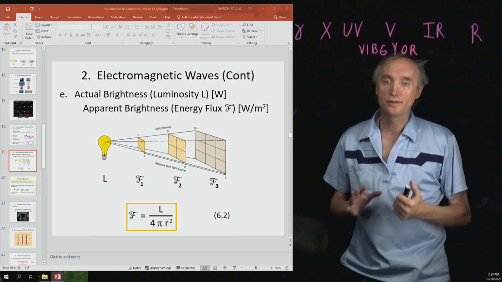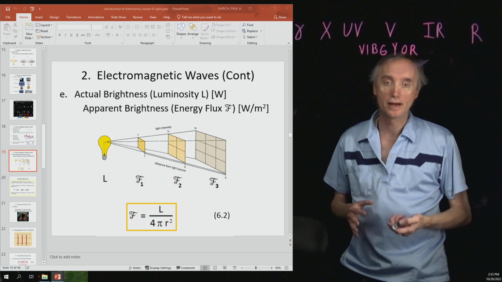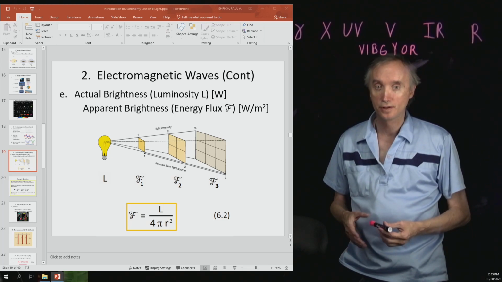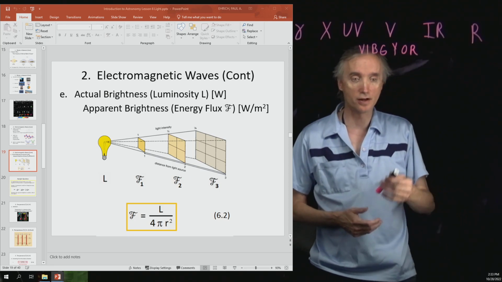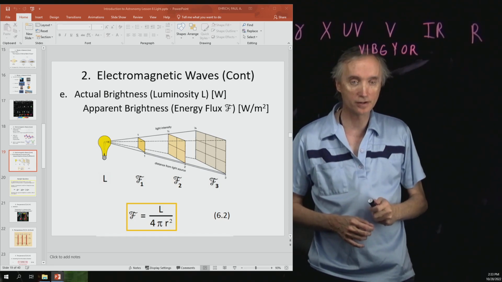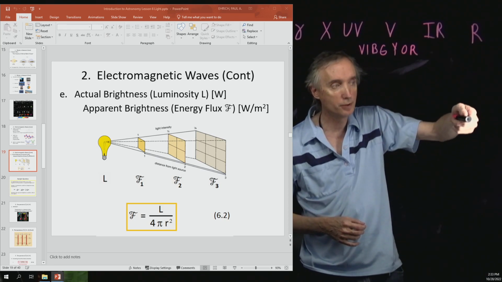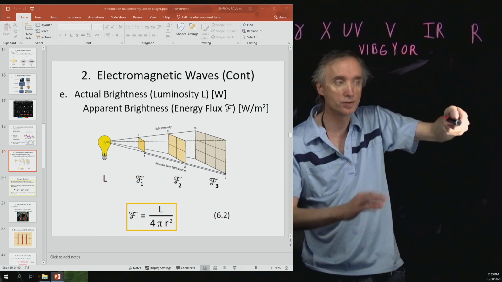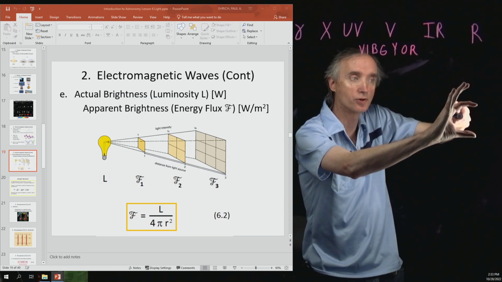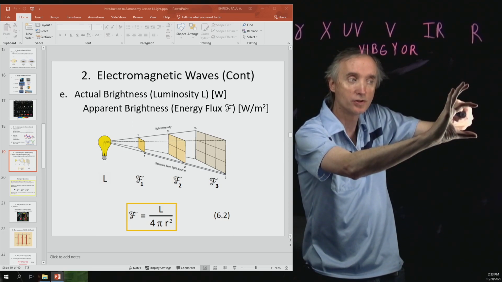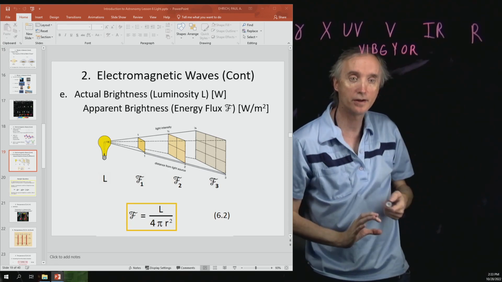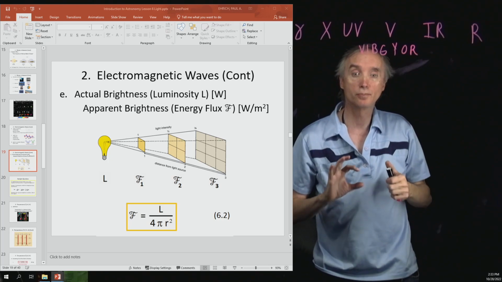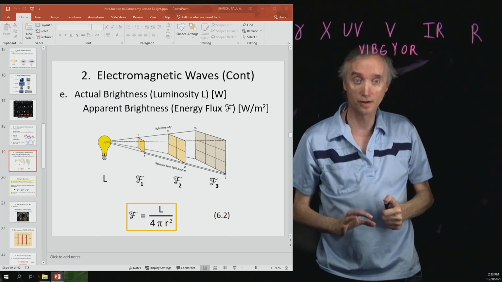You can conduct this little experiment at home with a flashlight. Say this is my flashlight, and you hold it up against the wall and shine the light on the wall, and you're going to see that it makes a circle of light. Notice the size of the circle of light and also notice the brightness of the light.